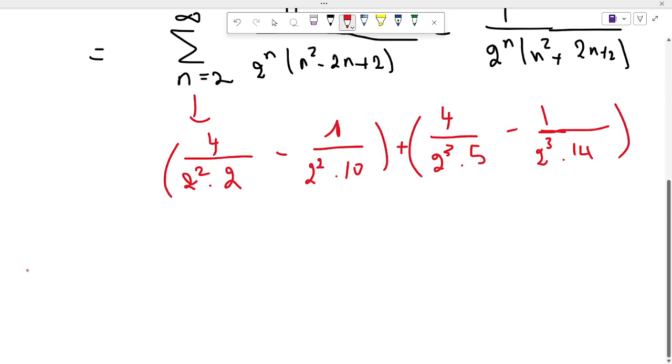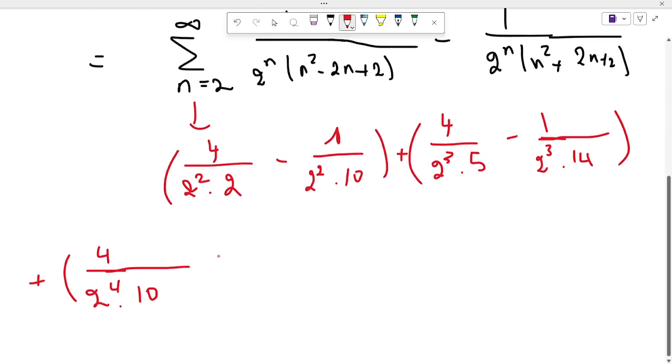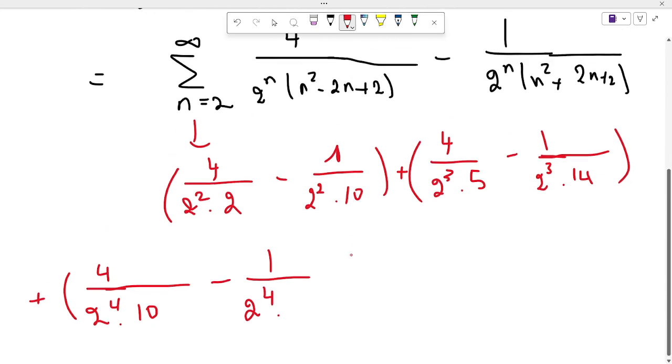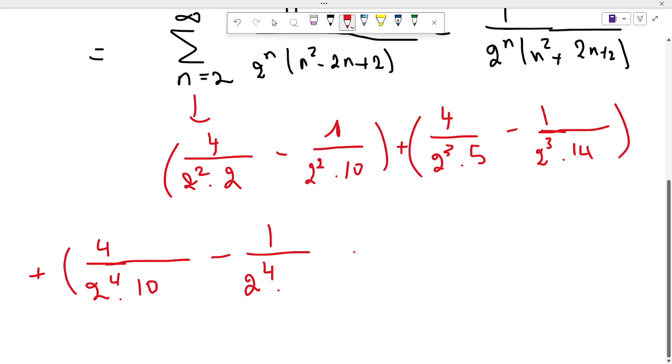Now for n equals 4: 4 over 2 to the power 4 times (16 minus 8 plus 2), which is a 10, minus 1 over 2 to the power 4 times (16 plus 8 plus 2), which is a 26.